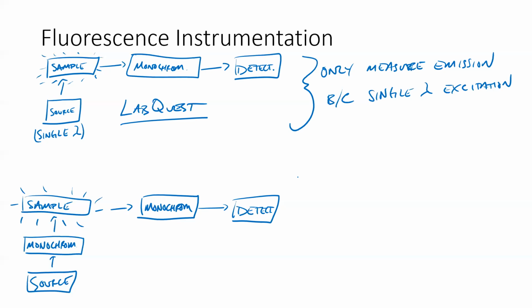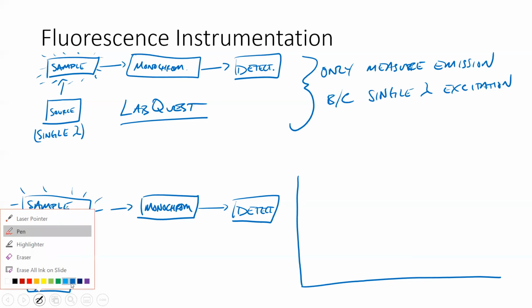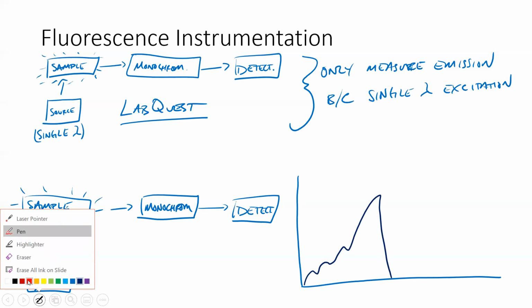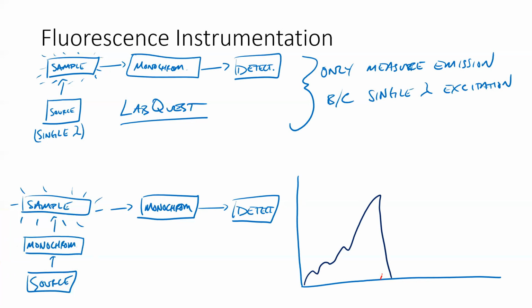And if we think back to the diagram we had looking at the anthracene fluorescence, we had an absorption spectrum that looked something like this. I don't remember exactly. And then an emission spectrum that looks something like this. This down here would be wavelength, not energy.